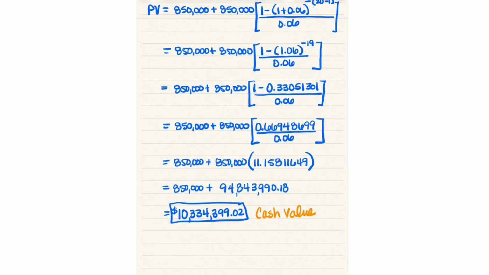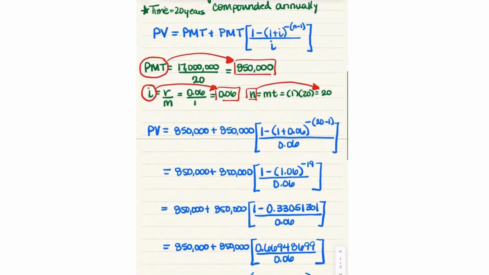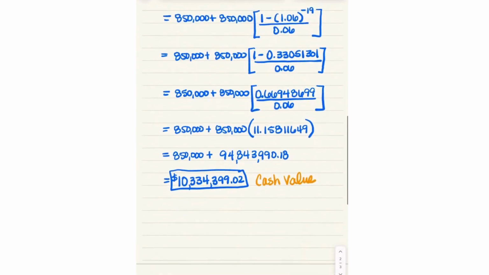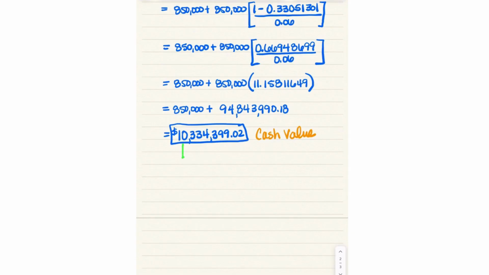This is the cash value of the lottery jackpot. What that means is the lottery could deposit this into an account that pays 6% interest, and they would be able to fulfill the 20 annual payments. Or if the individual wanted a lump sum, this would be their lump sum payment, because it's equivalent to getting the 20 annual payments.